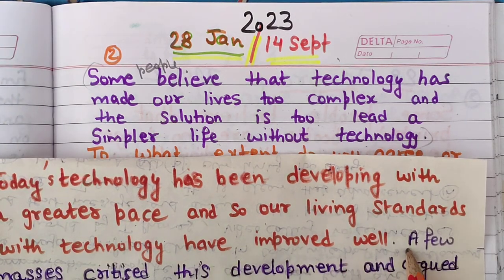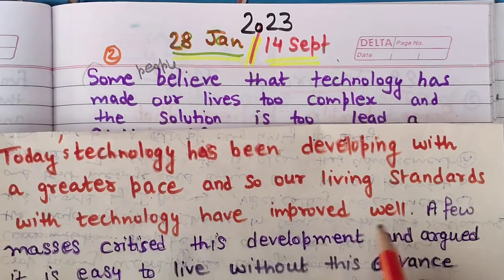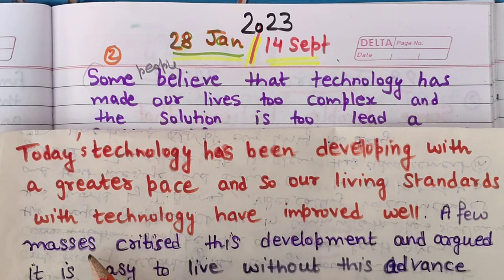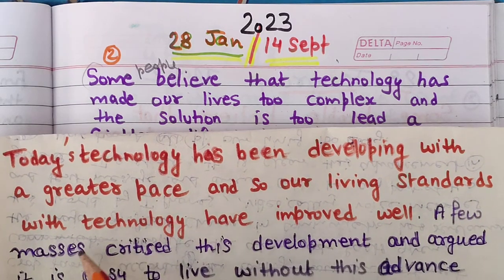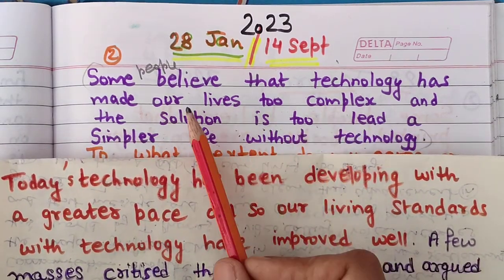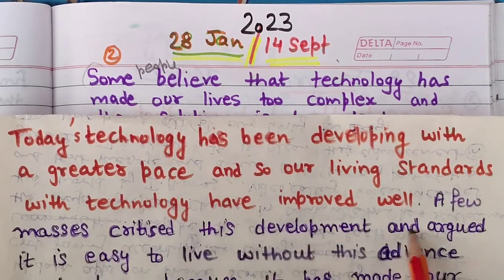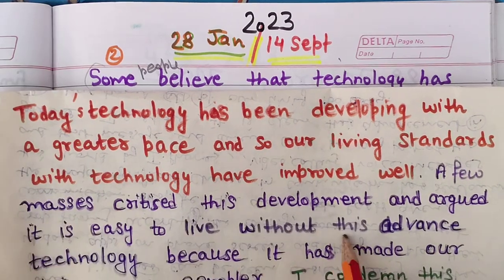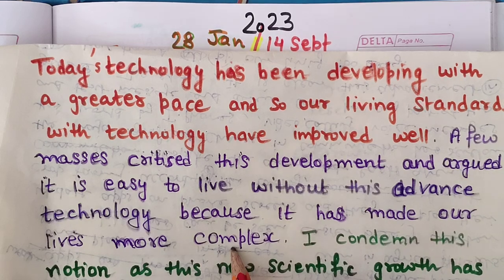Now next, paraphrasing. A few masses criticize, so you can change it. When I had already written this introduction, at the end when I was writing my conclusion, I got this idea. So in conclusion I have written something different word for some people. Okay, a few masses criticized this development and argued it is easy to live without this advanced technology because it has made our lives more complex.